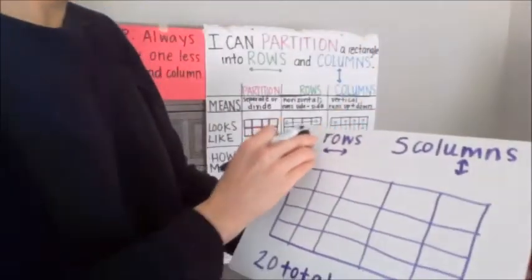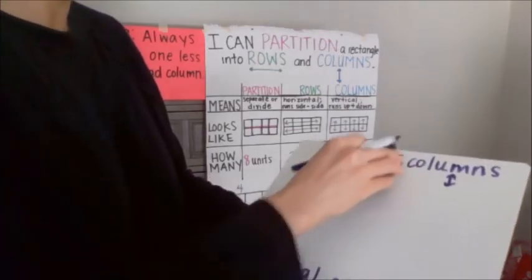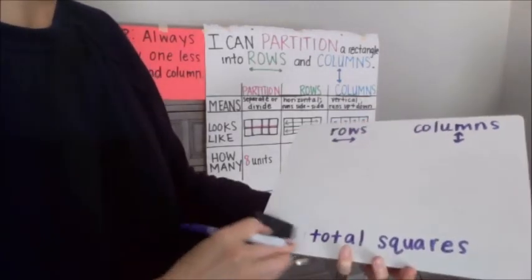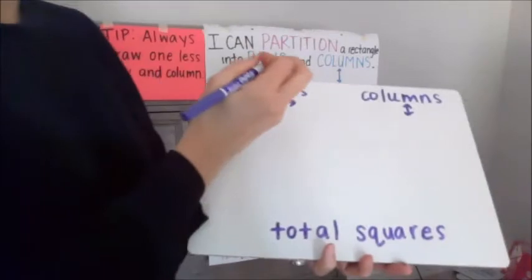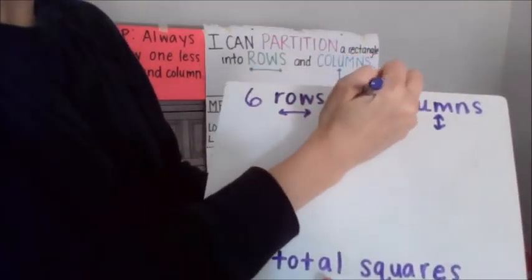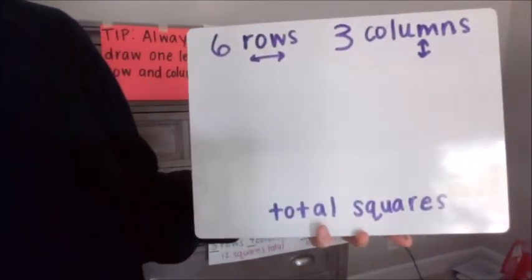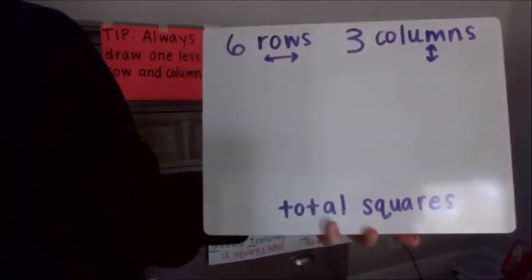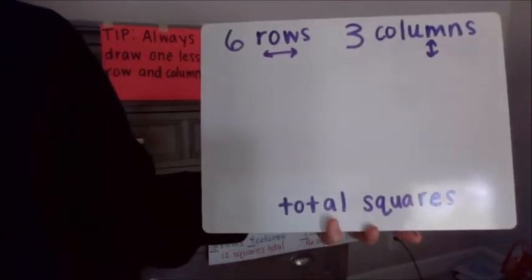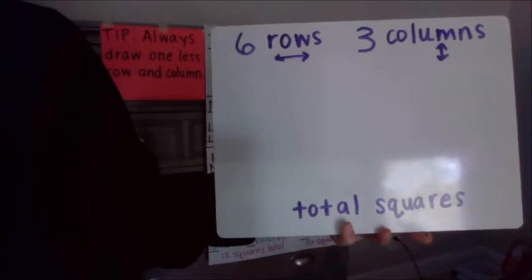Let me erase here. Erase my rectangle. All right. So, last problem. Let's do 6 rows and 3 columns. Go ahead and draw your rectangle and partition it into 6 rows and 3 columns. Go ahead and pause the video so you can do that.